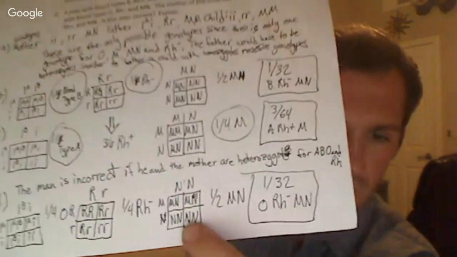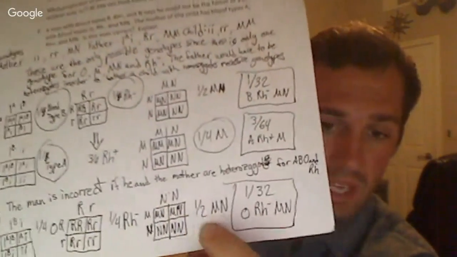Then if you just follow the MN and M blood types, it's just NN and then plus MN. Kind of shows it right there. So 1/4 or 1/2 of them would be MN, and so 1/32 of their children would be O negative MN. So he was wrong. It's that 1/32. Okay, so that's question 1.